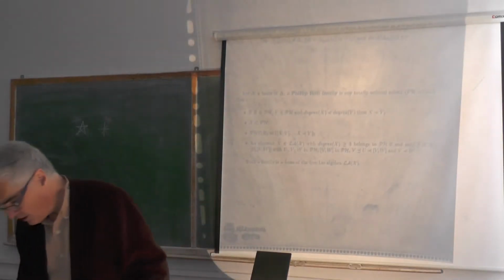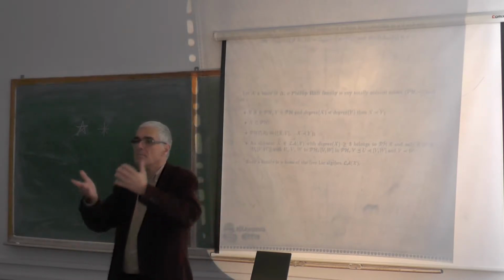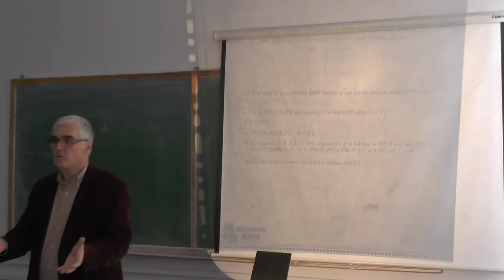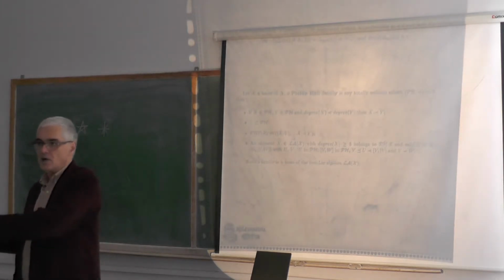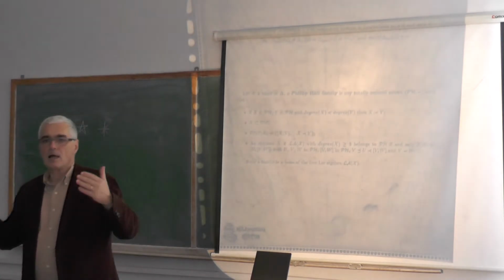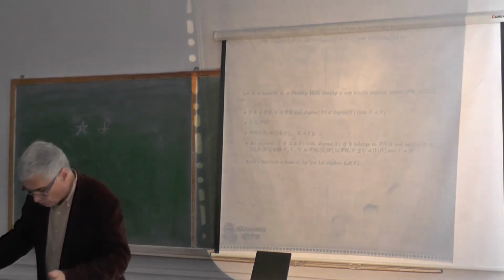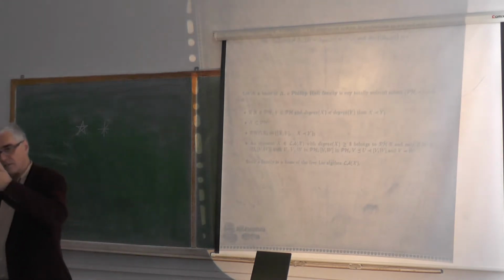Then the question is how to consider a basis of the free Lie algebra. That means that I may consider that I compute all the brackets of length 2, all the brackets of length 3, all the brackets of length 4.